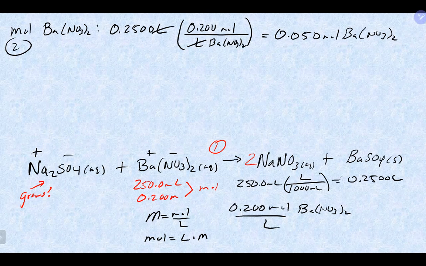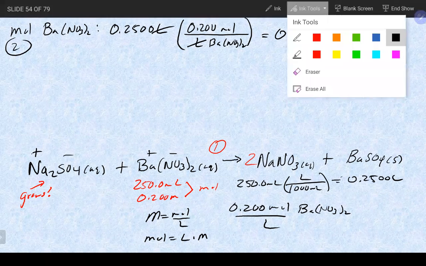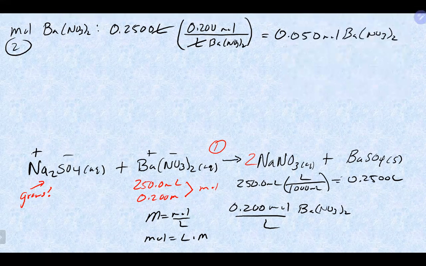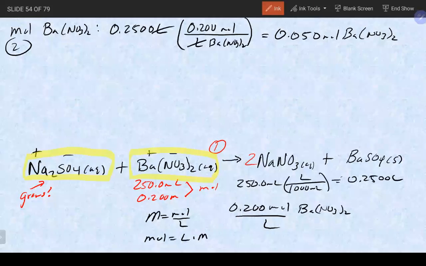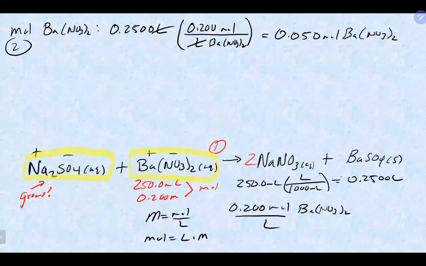The next step is to do the mole to mole relationships. So in the case of the first part of this problem, we're interested in this guy and this guy here. And from the equation, we could see it is a 1-to-1 relationship, which makes the math pretty easy here. We're going to do step number 3, which is 0.05 moles of barium nitrate.